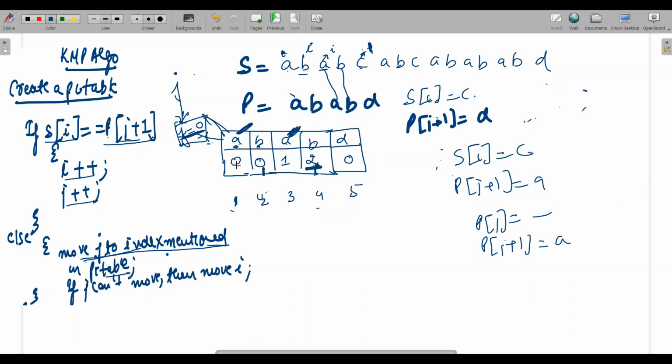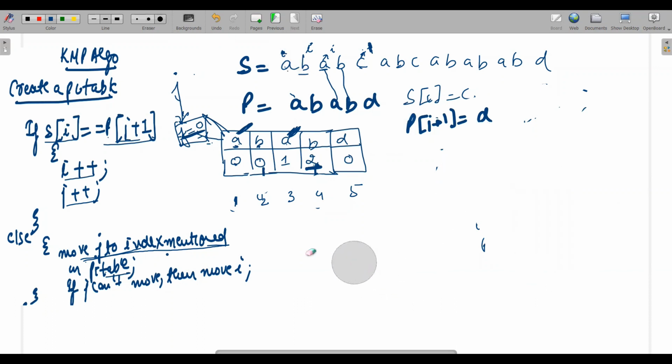And even if I move J to the index mentioned in pi table, which is 0, it cannot move further. When it cannot move further, then move I. So nothing will match in this scenario. So I would rather move my I from C to this over here.